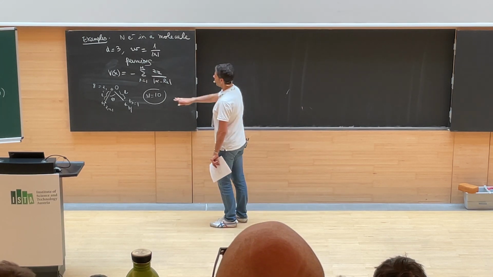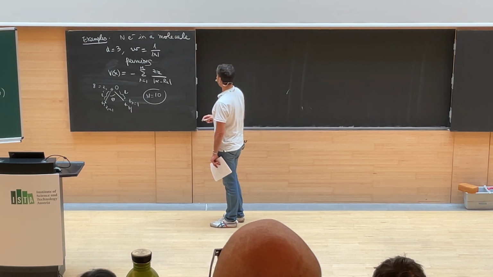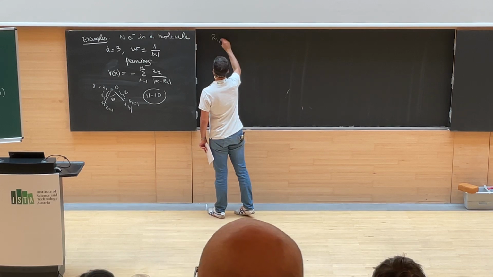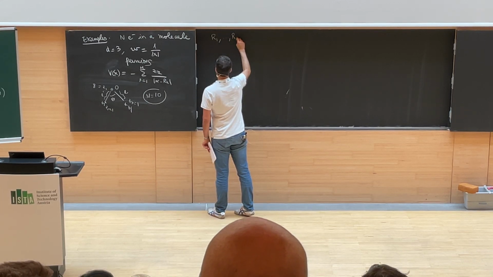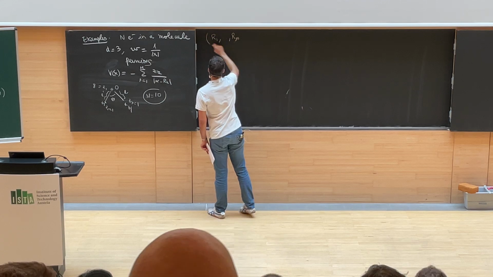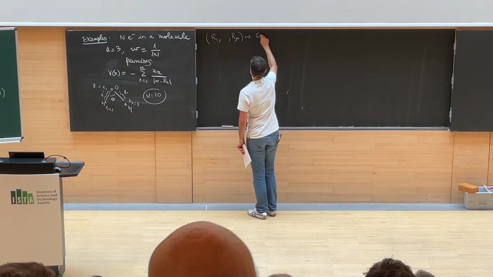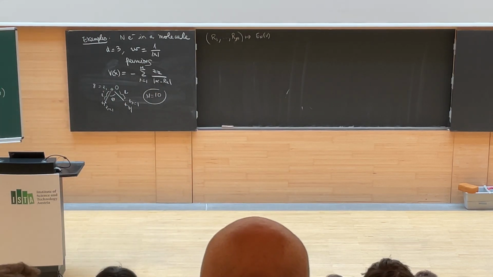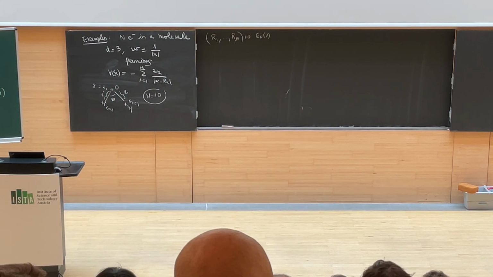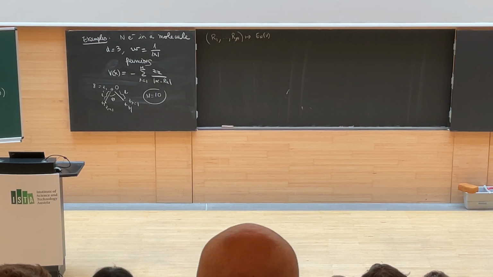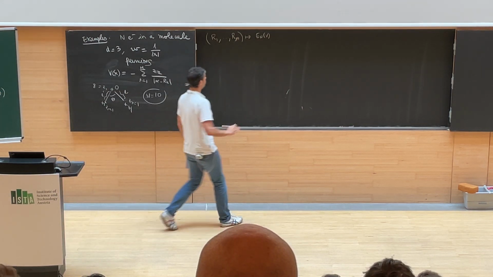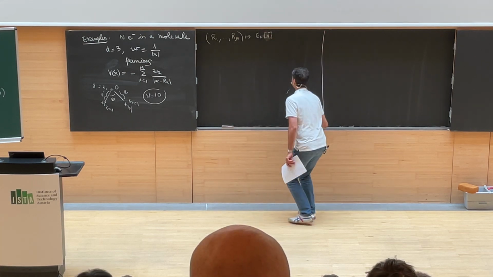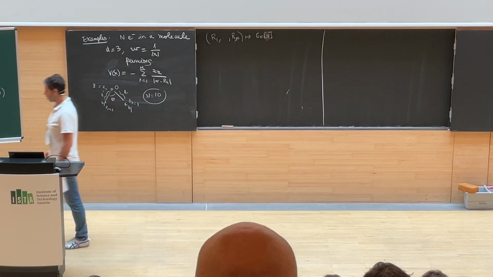Okay, and when you do that, you should not forget to add the nuclear repulsion. So you would typically look at the function which from R1 to R_M gives you the E_N of V. So instead of calling it E, I'm going to call it E_N of V, maybe with square brackets. Okay, so that's an important notation.